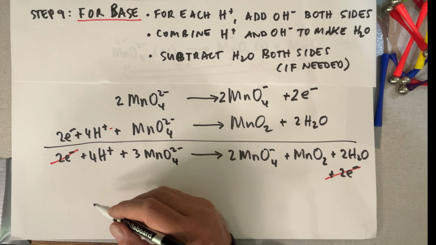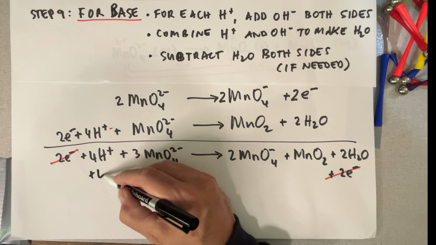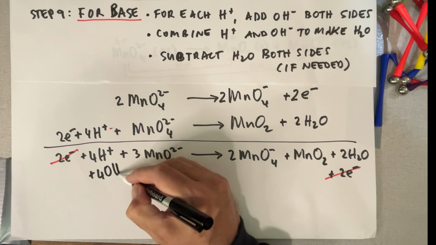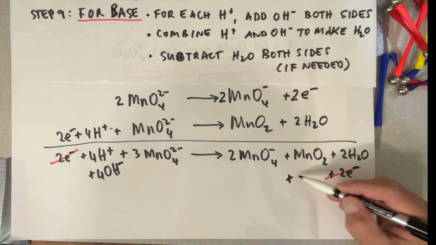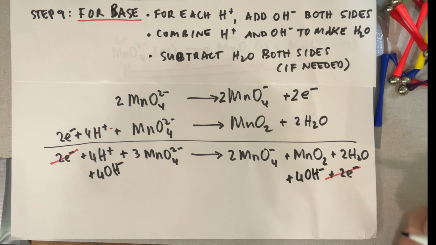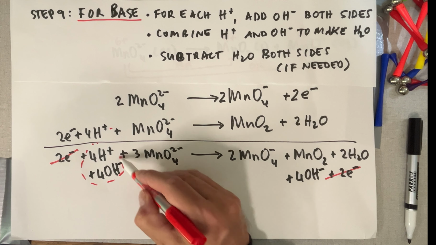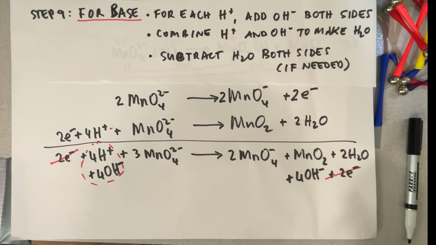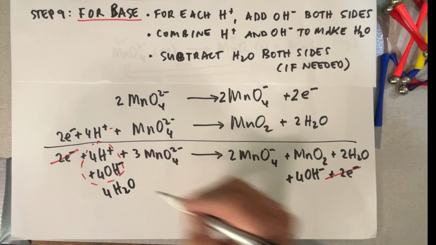So you need to add 4 OH minuses on that side, and you need to add 4 OH minuses on the right side. And then notice that this together becomes 4 H2Os.